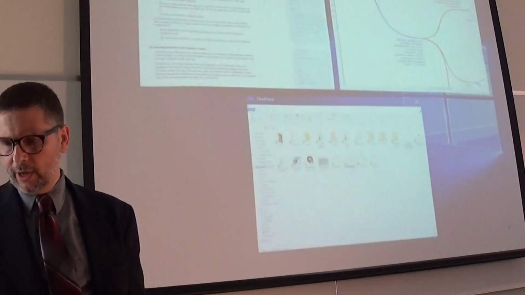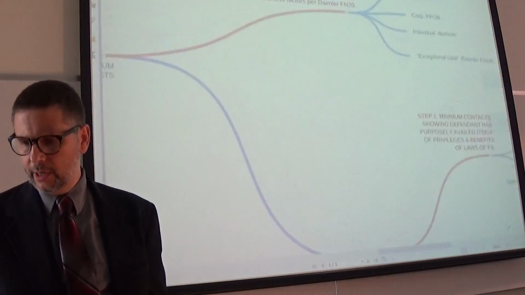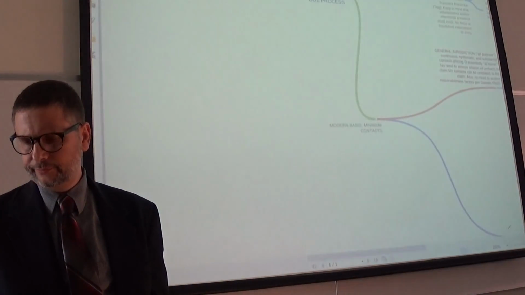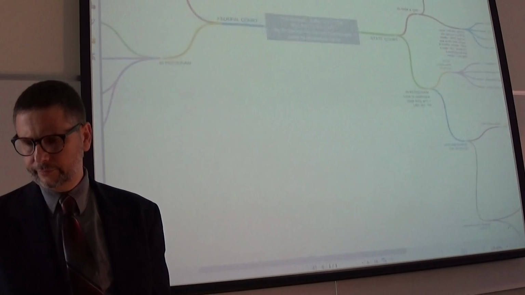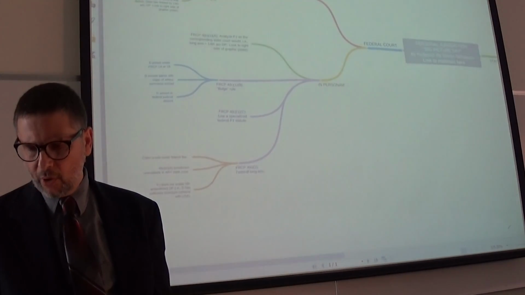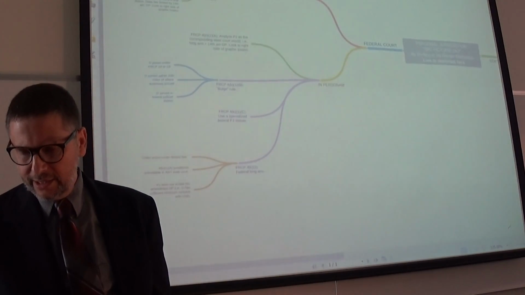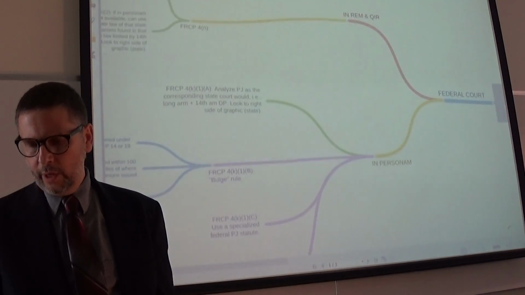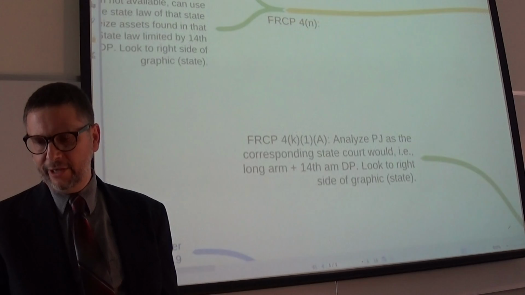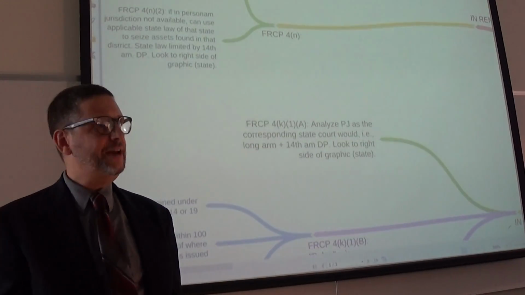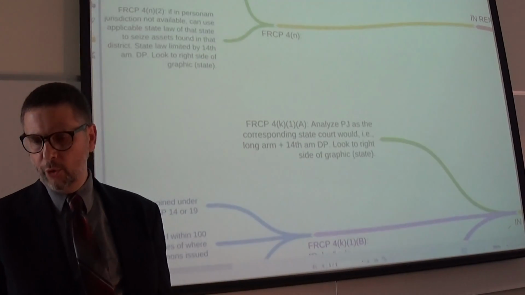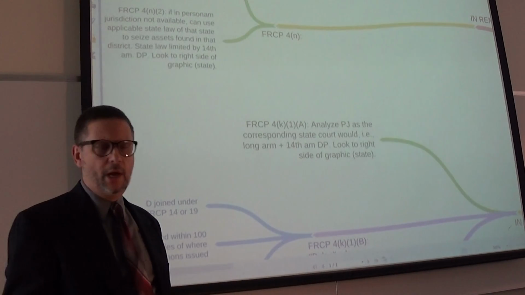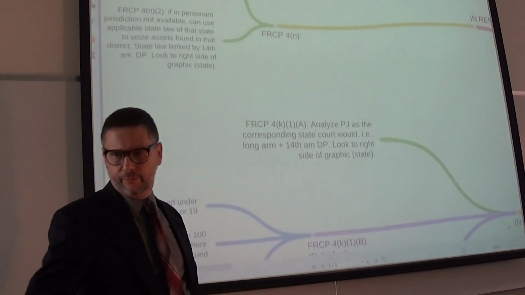Equally so, I want to pull up the coggle and go to that part of the coggle. You'll note the left-hand part of the coggle deals with federal court. So what you should be doing is having your coggle open, as well as your statute books open to Rule 4N.